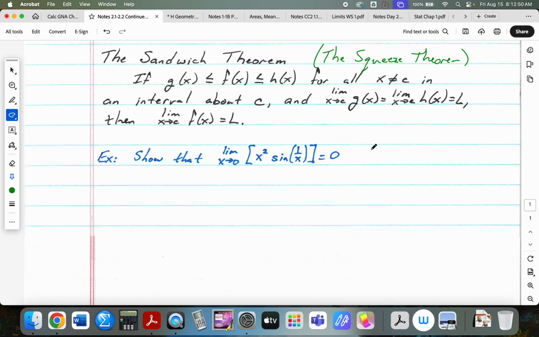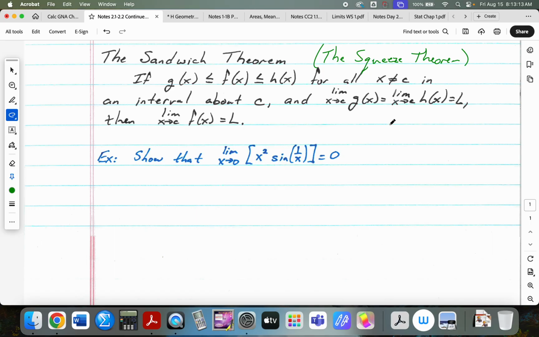That's why we don't have to have that in there. In some interval about c, and additionally, we find that as x goes to c, g of x and h of x both go to the same thing, then f of x must also go to that same value.